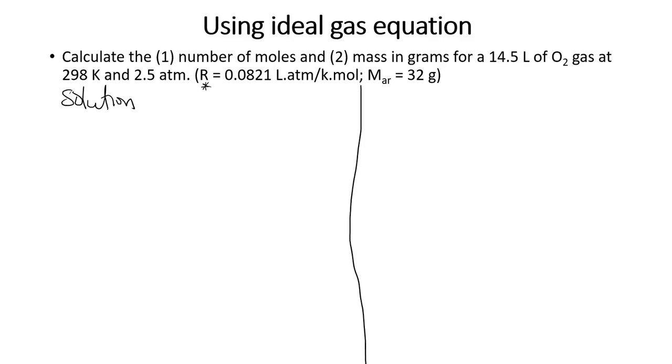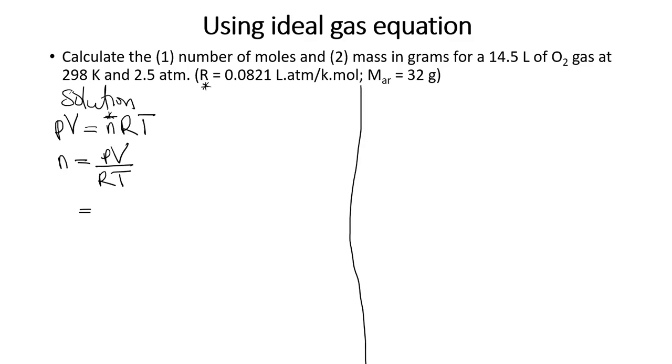You are going to say from the ideal gas law, PV is nRT. So what are you given? Here, you want to determine the number of moles, n. So you can play around with this formula and say n is equal to PV over RT. That's what you are doing. And then you just put in the numbers.